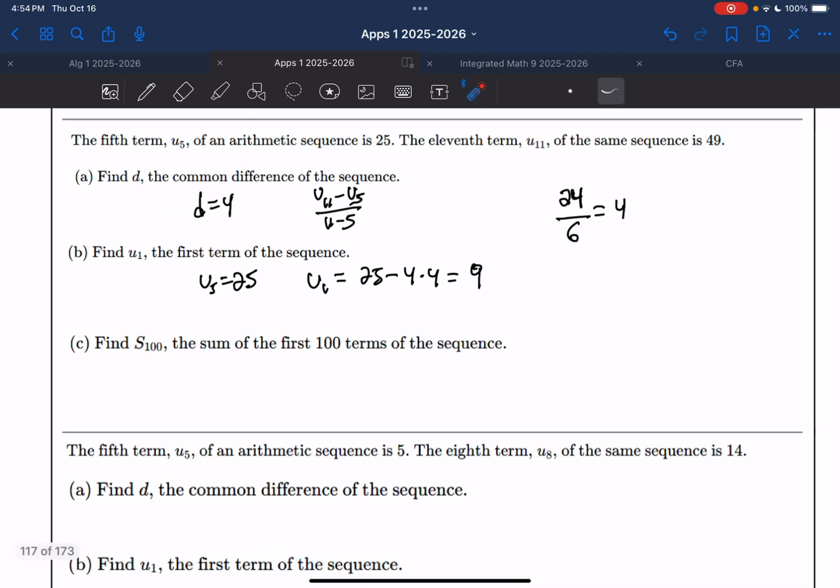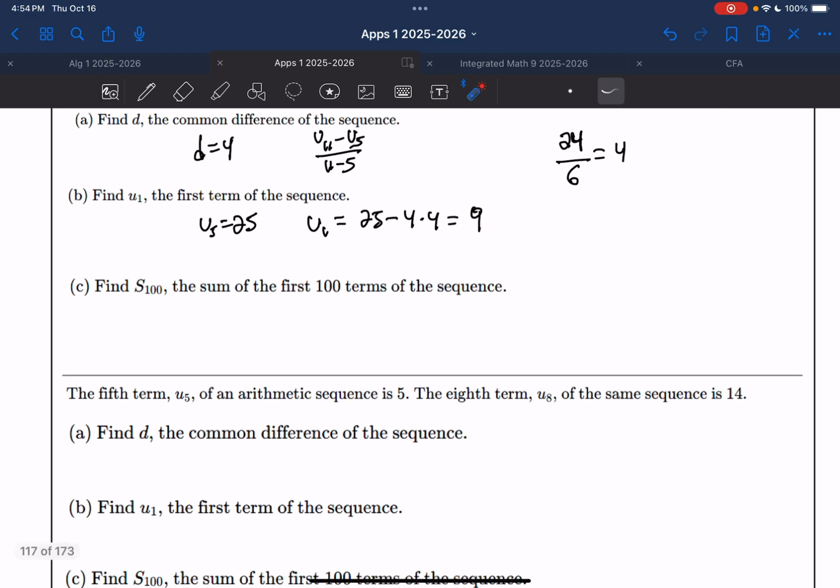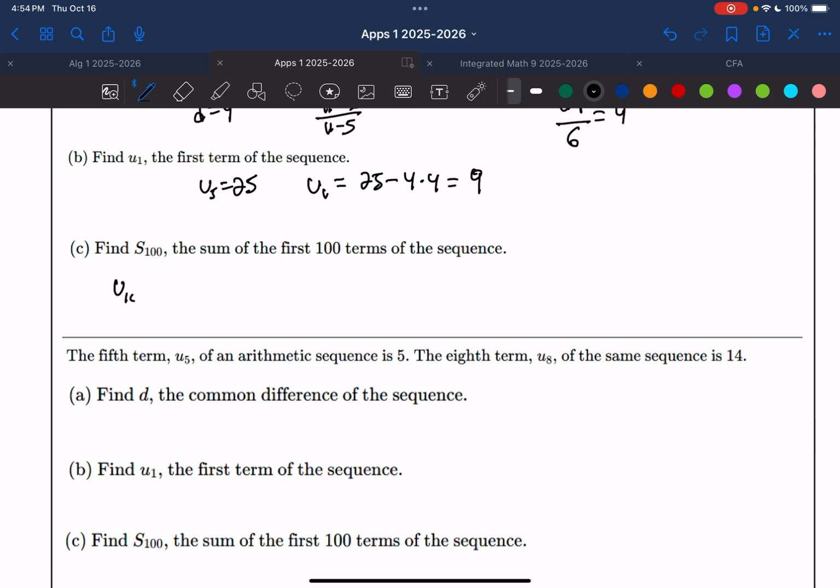All right, so we want to find S100. Well, now that we have D and we have U1, we first want to find U100. And so U100 is going to be 9 plus 4 times 100 minus 1. So it's going to be 9 plus 396.